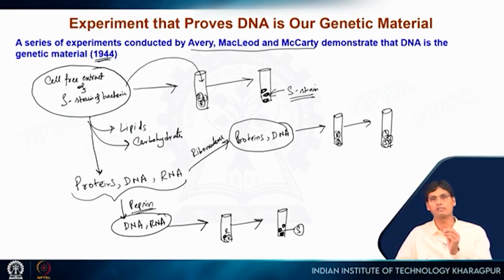That portion should be of very high molecular weight, and only that bottom fraction of the ultracentrifuge tube could transform R strain into S strain. So again they predicted that some very large polymer is responsible for this transformation.